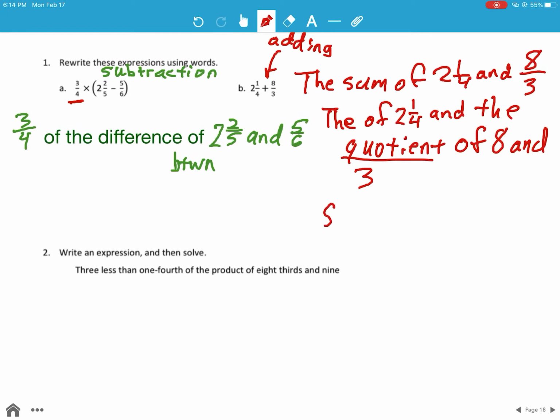Now remember, quotient is division. So 8/3 is the same as 8 divided by 3. So that's the quotient. The answer would be a quotient.